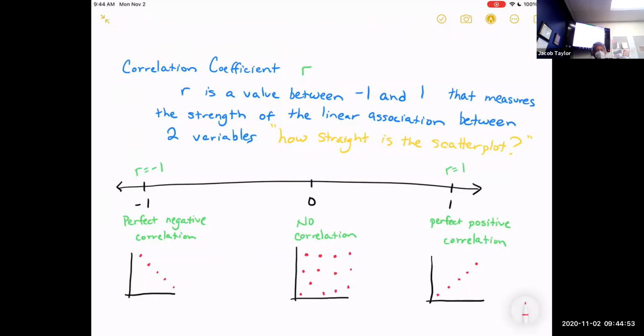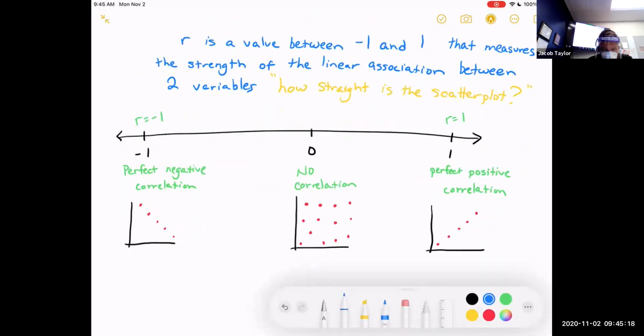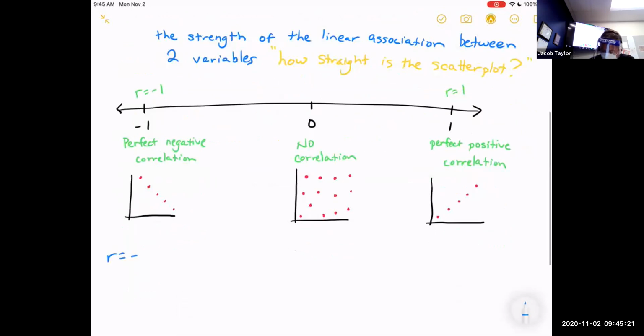So the closer the r value gets to 1 and -1, the closer we are to having a perfectly straight line. Now, it's unlikely that you're going to have a scatter plot where the data is perfectly straight. In real life, that almost never happens. But you could get close. For example, if I were to give you an r value of negative 0.8.